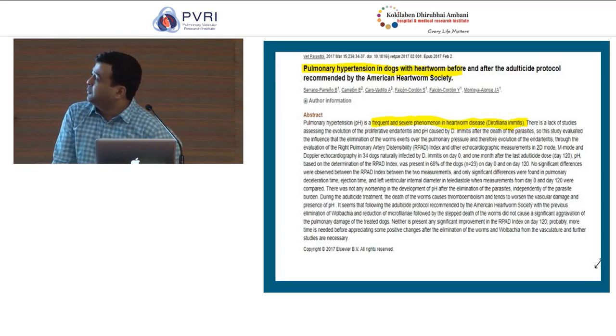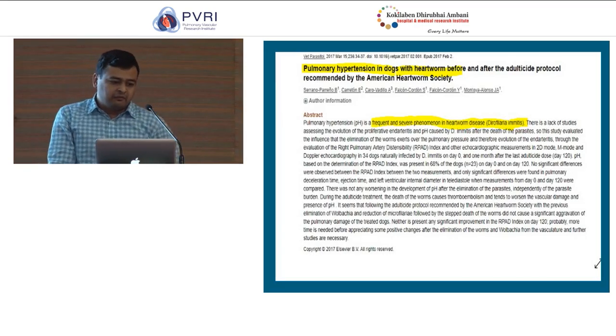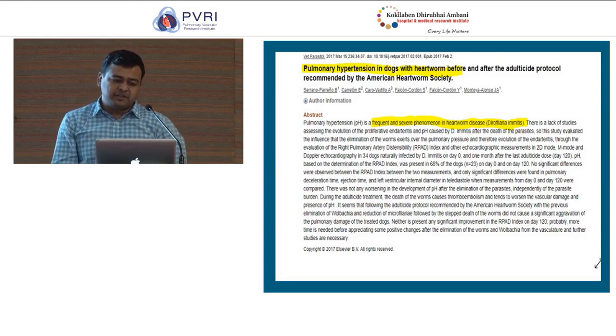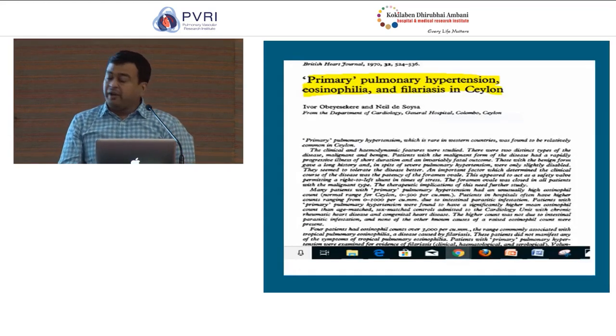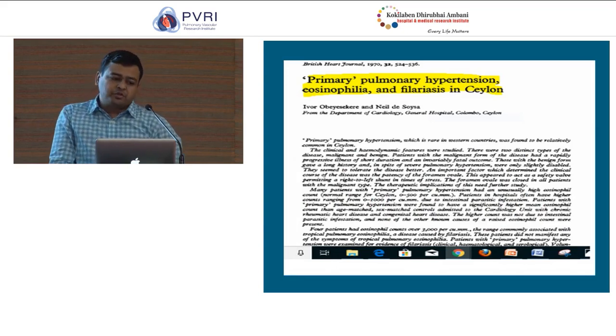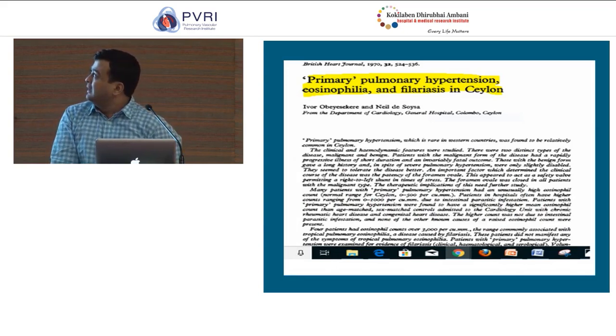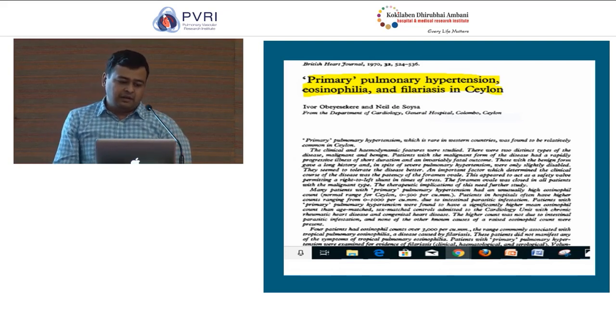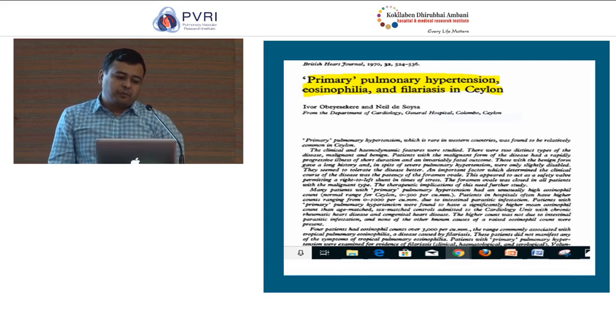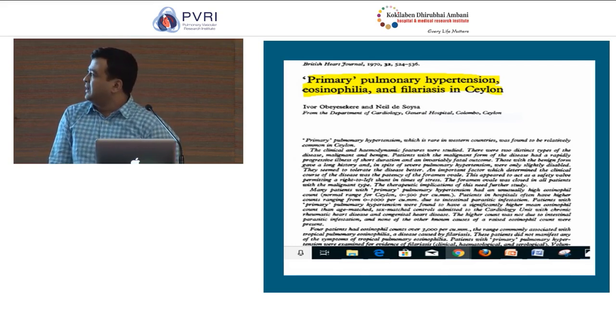This is a study which shows pulmonary hypertension in dogs with heartworm, which is a sister or different species of filaria. Then there was a case report from way back in 1970, which shows primary pulmonary hypertension with eosinophilia with filariasis in human beings. And there was a recent report from SGPGI in 2013, which shows tropical eosinophilia presenting as severe PH.